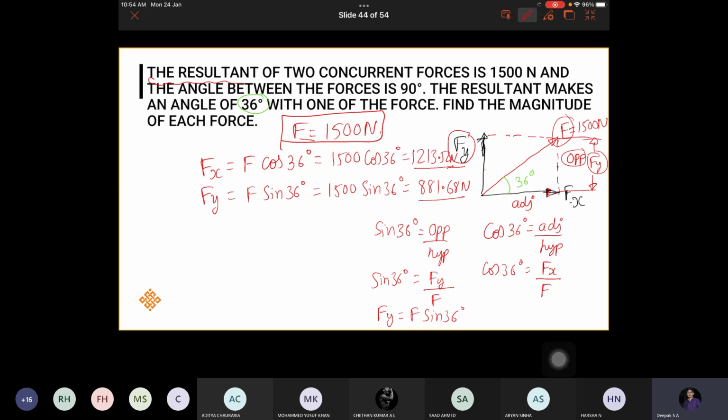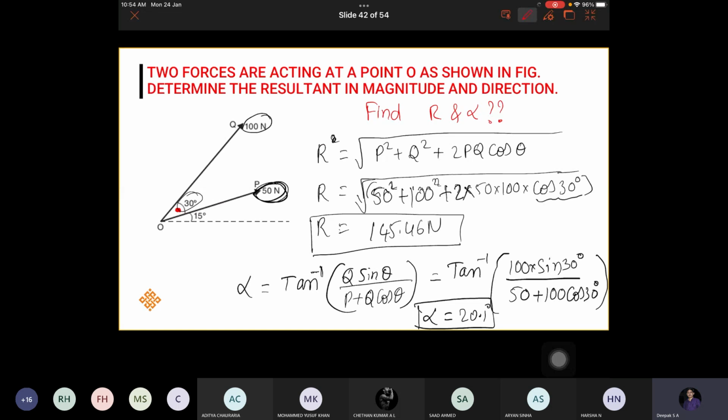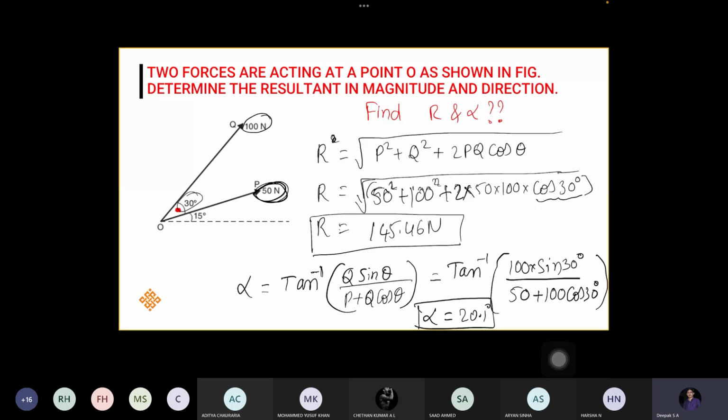So what they have asked is to find the magnitude of each force, and we have found out the magnitude of each force. Is it correct? Yes, sir. This is how you can use the parallelogram law of forces or the method of resolution.